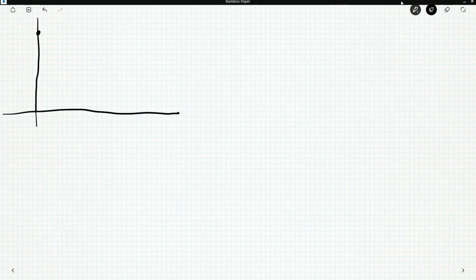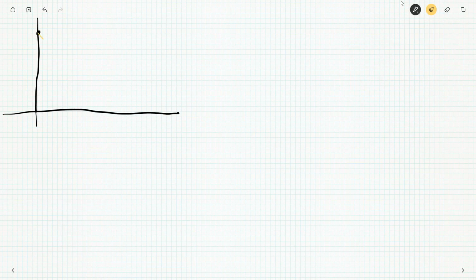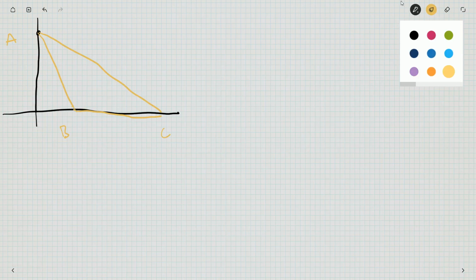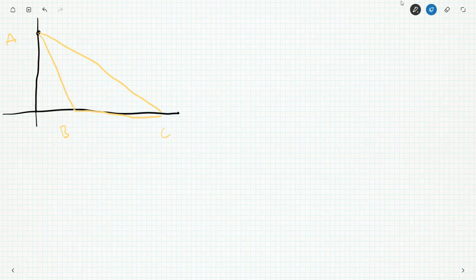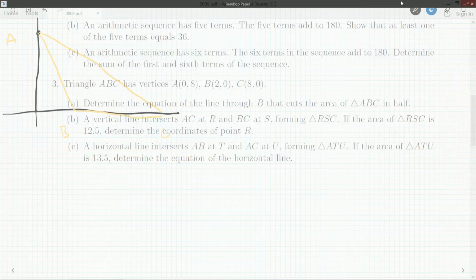I'm going to change the color of this particular triangle to yellow. So we've got B, C, A, and then they said it was a vertical line, correct? Okay, vertical line, R and S.